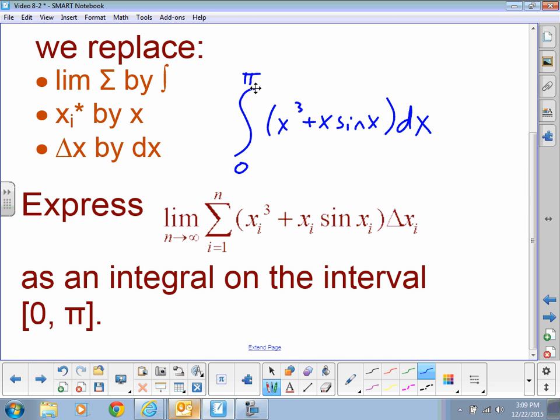So where your interval starts goes on the bottom of the integral symbol. Where the interval ends goes on the top of the integral symbol. We've got our function f of x, and then dx is telling us our variable that we're doing things with respect to. And this is an expression that represents the exact area under our curve, because it's our limit as our number of rectangles is going towards infinity.